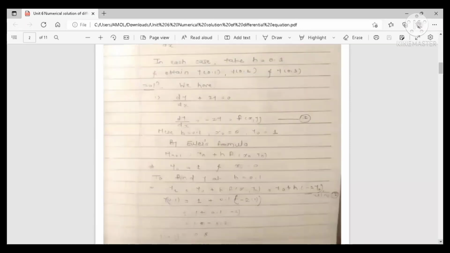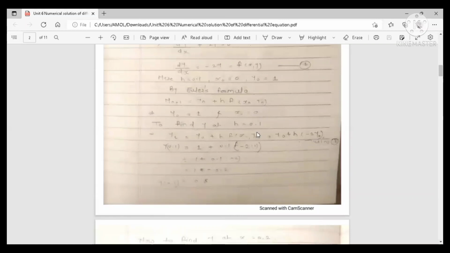By using Euler's method. You find x1. How to find x1? X naught plus h. What is x naught? X naught is 0. What is h? H is 0.1. So x naught plus h is x1. So 0 plus 0.1 is 0.1. So your x1 is 0.1.